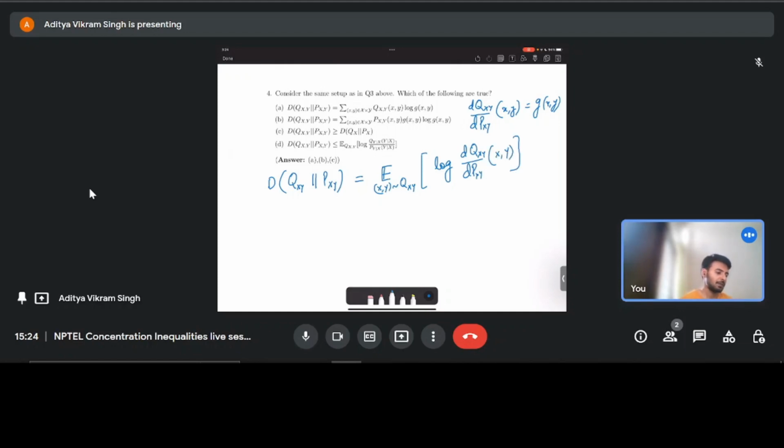Okay, this is the definition. Let's treat this as the definition of KL divergence. And now, we are taking expectation with respect to q.